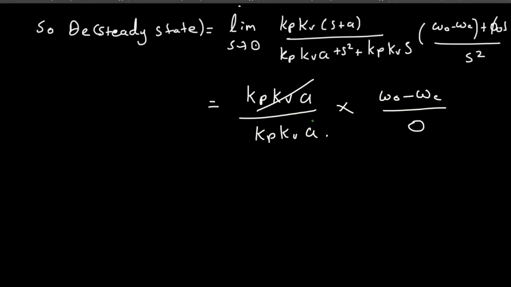So this is the same value, so these two are going to cancel, so this is going to be 1 times, if you divide any value by 0, that's going to be infinity. So we are going to get an infinity value. Okay, so that's our answer for the B part.